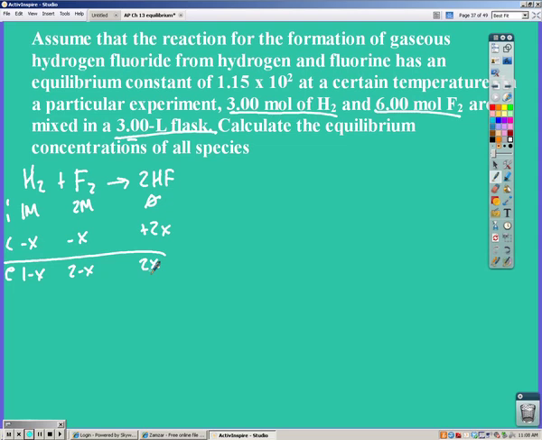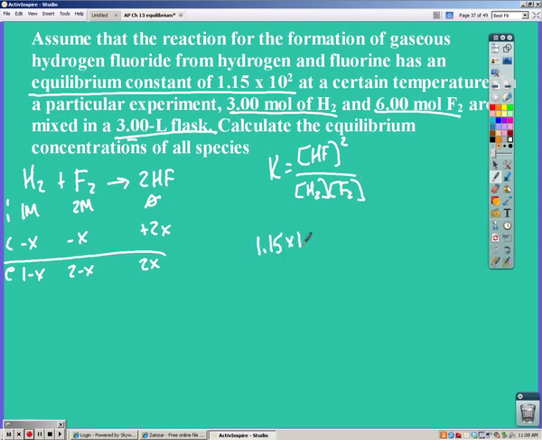and then write our equilibrium expression. Again, for your equilibrium constant, go ahead and make that a negative 2. The reason being is if it's a positive number like that, that means I have a lot of products.